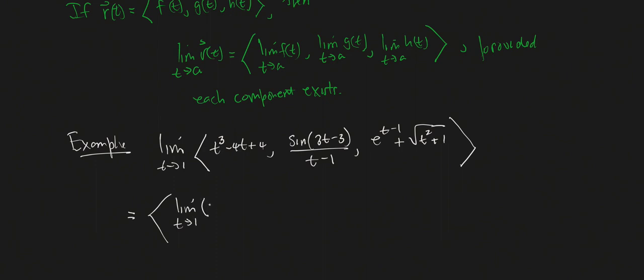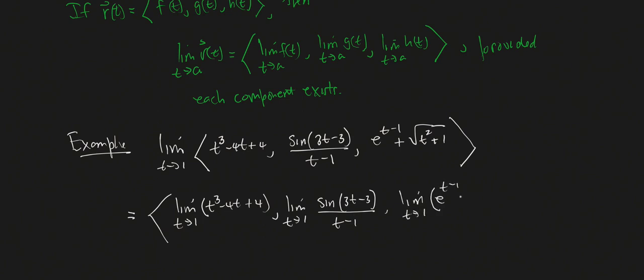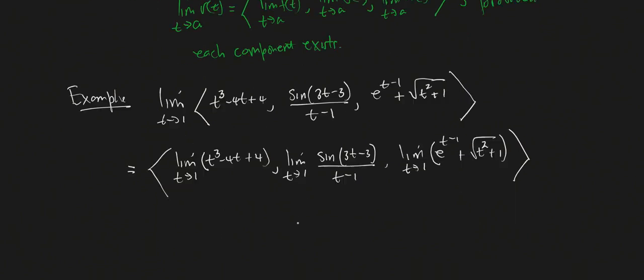So the limit of t cubed minus 4t plus 4, comma, the limit, again, and they're all as t approaches 1, of, in this case, the sine of 3t minus 3 over t minus 1, and then the limit as t approaches 1 of e to the t minus 1 plus the square root of t squared plus 1. So we have to evaluate each of these separately.